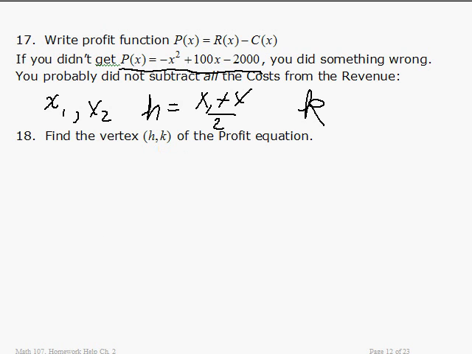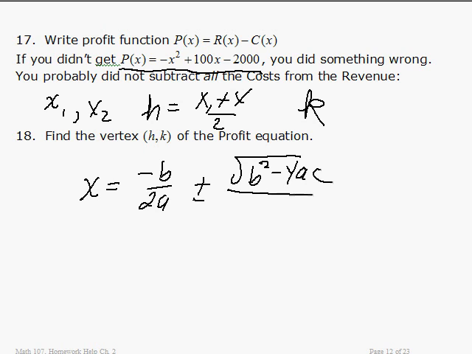The second way would be to use the quadratic formula, and remember or realize that the first term, minus b over 2a, and here's the rest of the quadratic formula, which is a second reason that I'd like you to write it in this form: this term right here is the h.